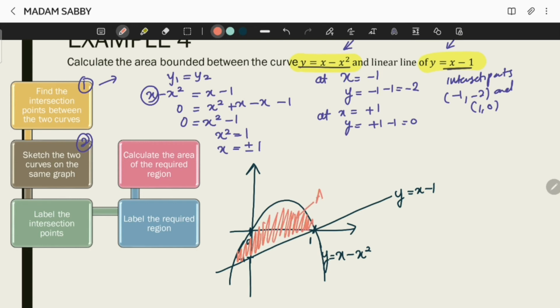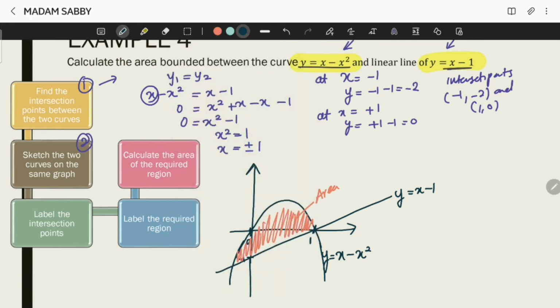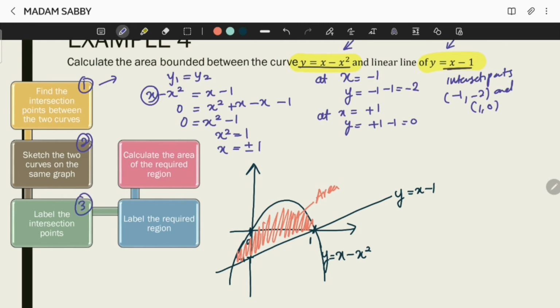Once you have sketched the graph, next we have to label the intersection points. We already determined the intersection points from the first step.